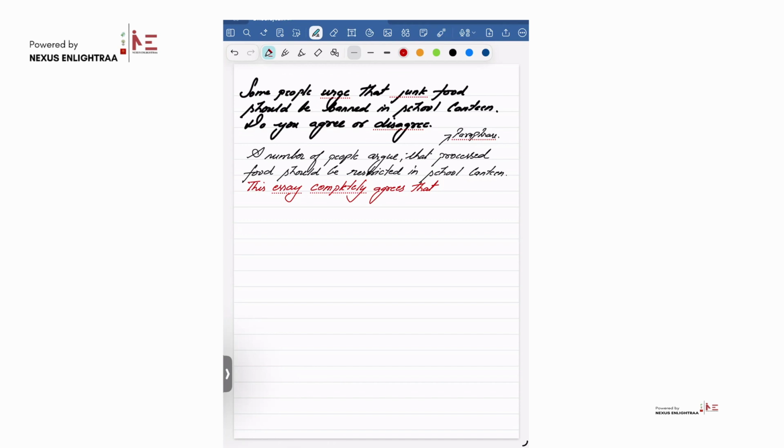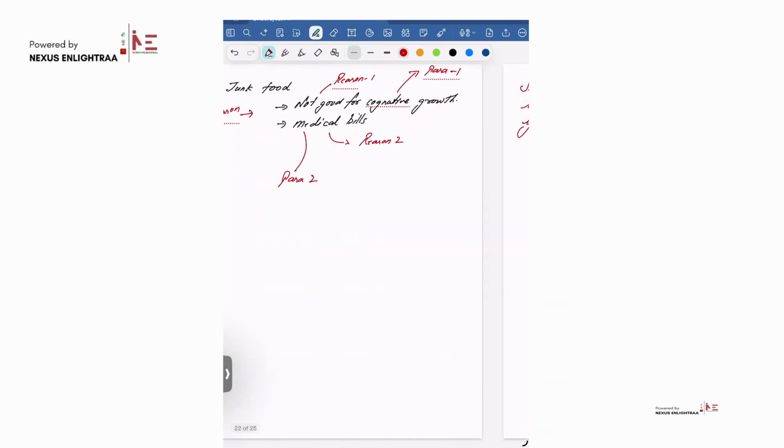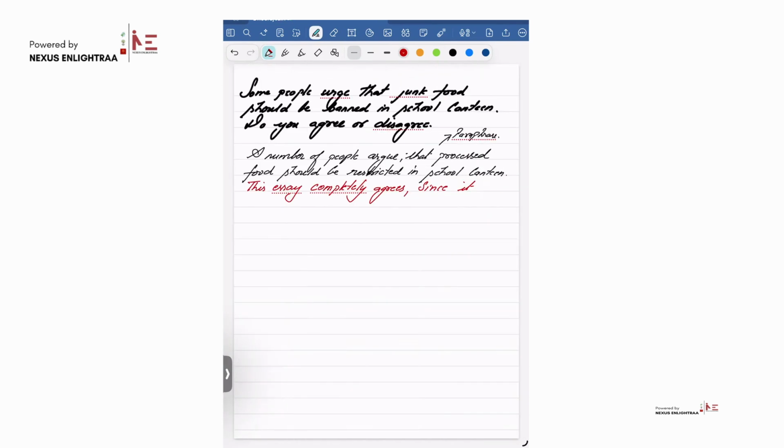But sir, we can't repeat anything that we already wrote in the paraphrase, right? You can, in a more clever way. Instead of that, you can say this essay completely agrees since it. What was the reason that we took? Not good for cognitive growth.